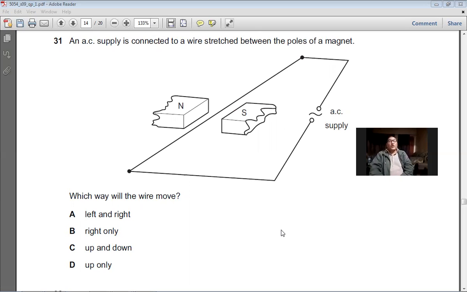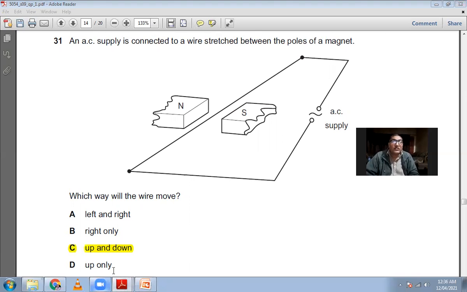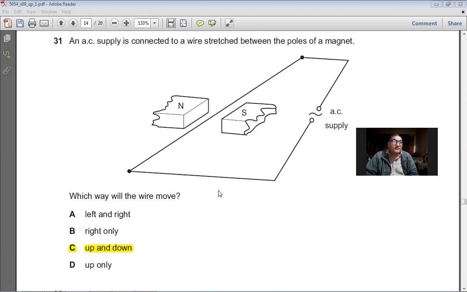So it will go upward, then it will come downward. So it will go up and down. Which way will the wire move? Up and down. According to the left-hand rule, I just found the direction.